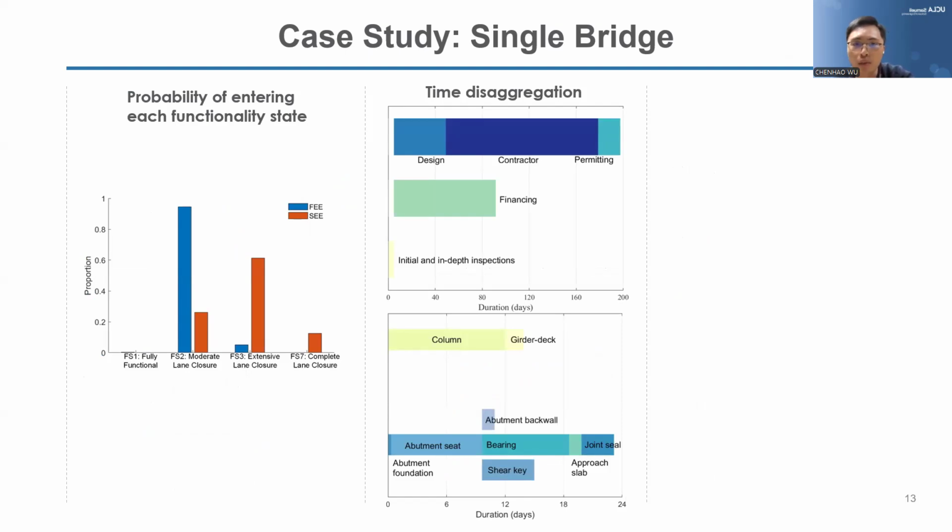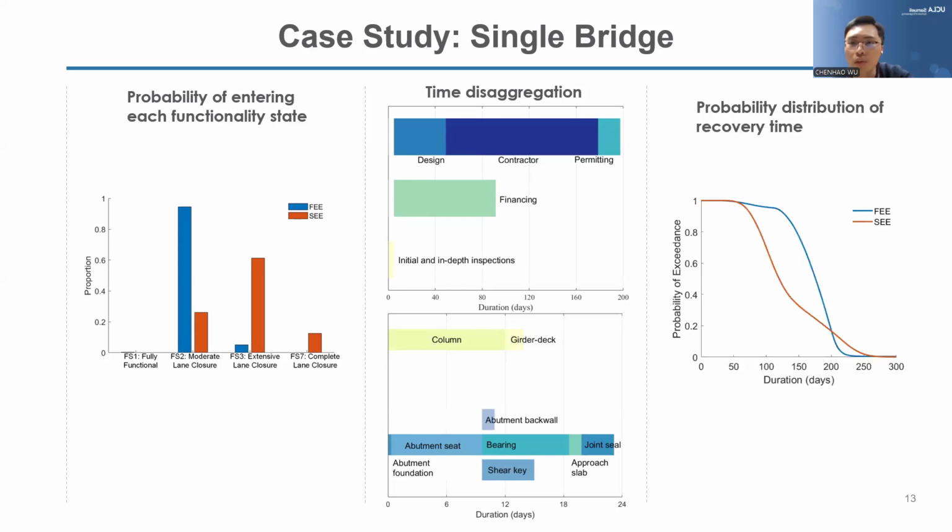For example, we can disaggregate the time into different impeding factors, like how long you wait for the approvals and how long you get the financings and so forth. And also we disaggregate our repair durations based on different components. By doing so, you can identify the most vulnerable disruptors in your components. So finally, here's the distribution of the total recovery durations based on different hazard levels.